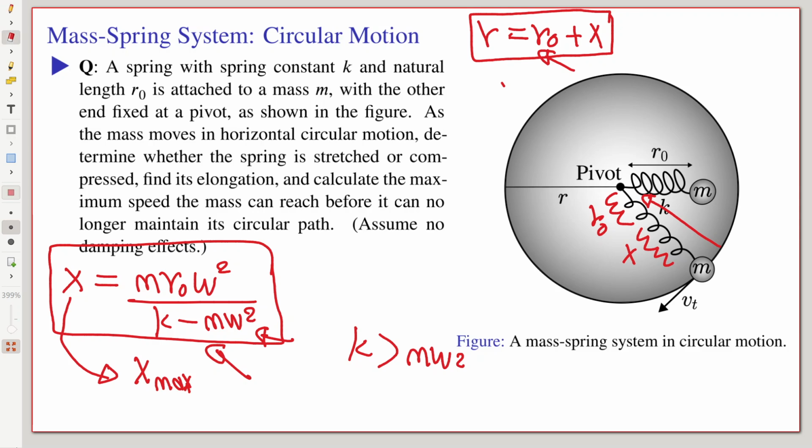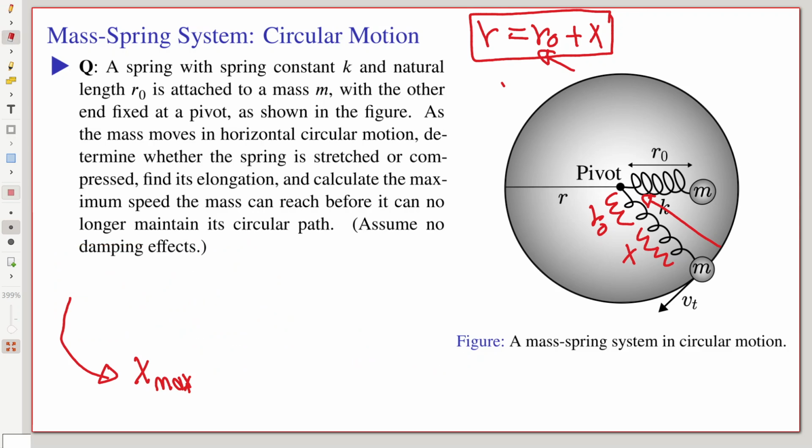Okay. For the third part, it asks us to calculate the maximum speed the mass can reach before it can no longer maintain its circular path. Let us introduce x maximum, because we have to do that to find the maximum speed.